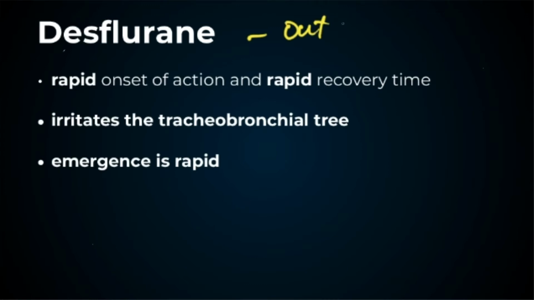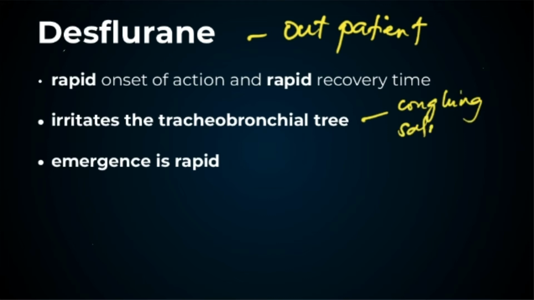We also have desflurane. Desflurane is used for outpatient surgery because of its rapid onset and rapid recovery time. However, it irritates the tracheobronchial tree and can provoke coughing, salivation, and bronchospasm. That's why it's usually induced with an IV agent.